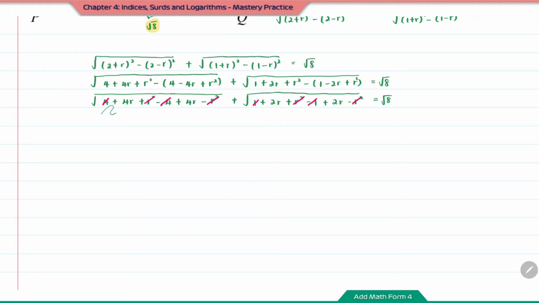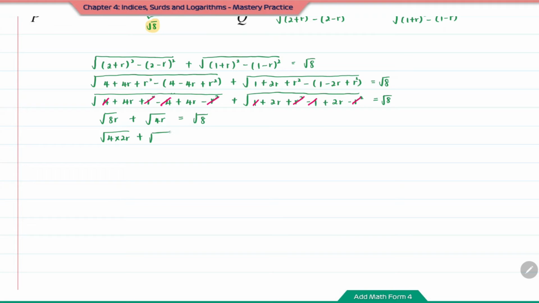So now here we're going to get square root of 4r plus 4r, which is equal to 8r, plus square root of 2r plus 2r, which is equal to 4r. So next, for this square root of 8r, I can write it as square root of 4 times 2r.